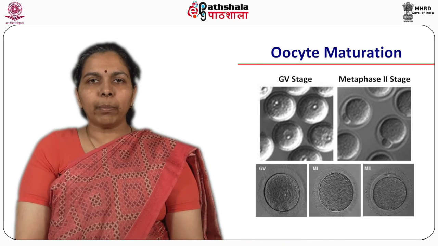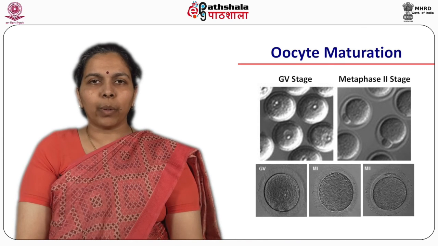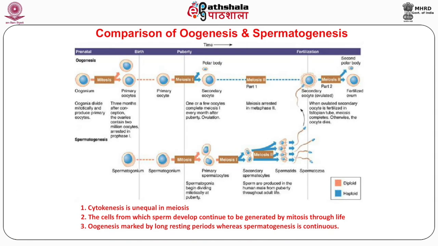The lower part of the picture shows a close-up view of the eggs at different stages, the metaphase 1 and the metaphase 2 stage. One interesting thing which needs to be pointed out is the difference in oogenesis and spermatogenesis. Both processes, the production of the oocyte and the sperm, happen by meiosis.